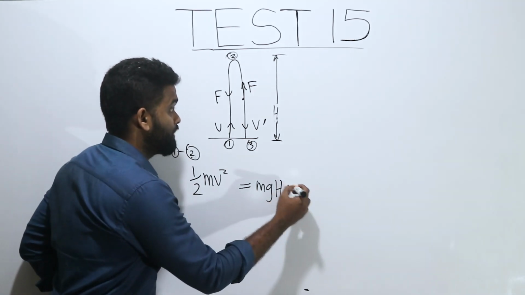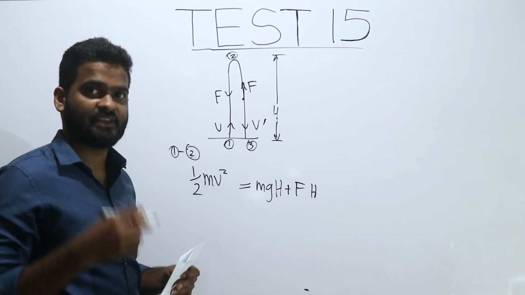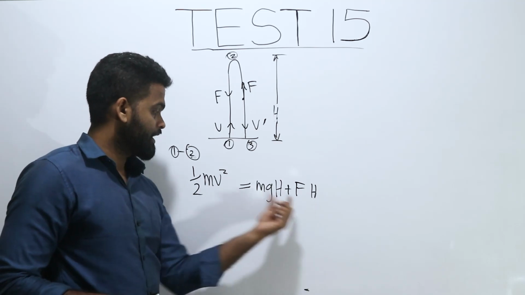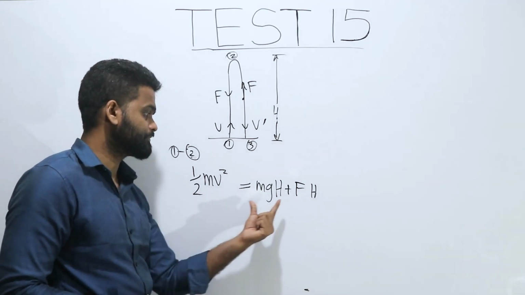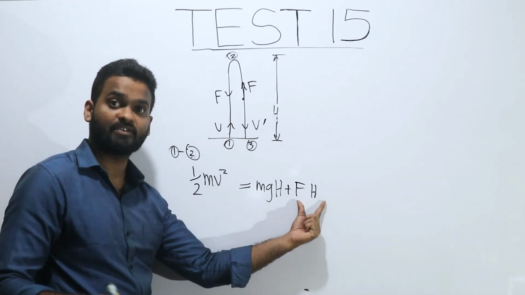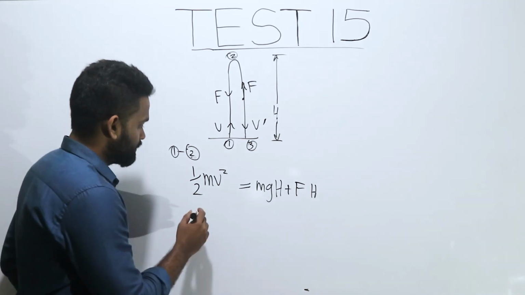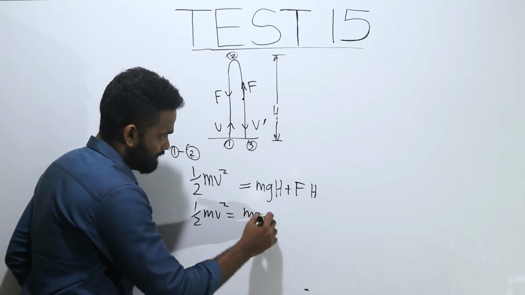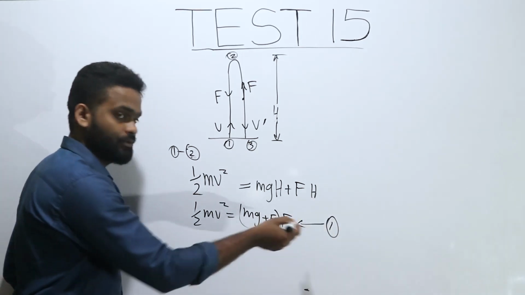So mgh plus the work done by the resistive force, which is force times distance, fh. The kinetic energy given is consumed by the potential energy and the work against the resistive force. I'll simplify this: mg plus F, taking capital H out. This is the first equation we will have.